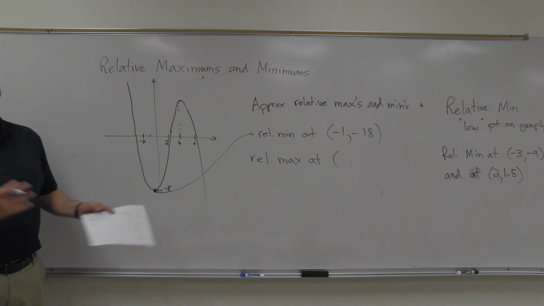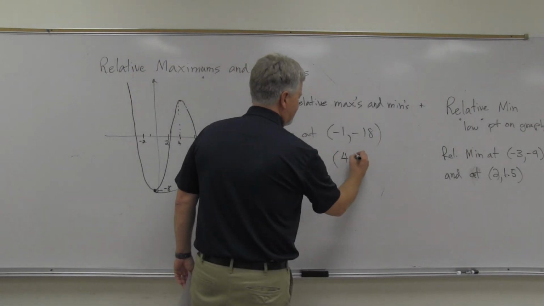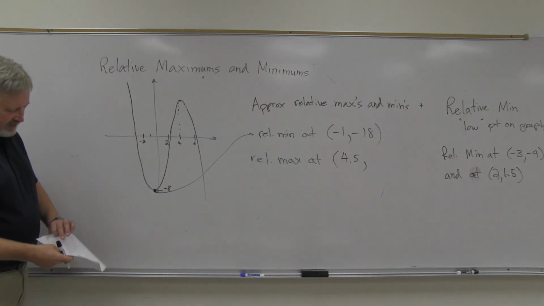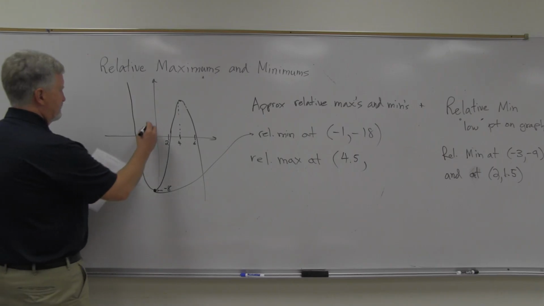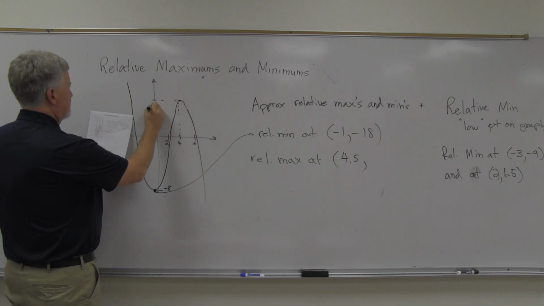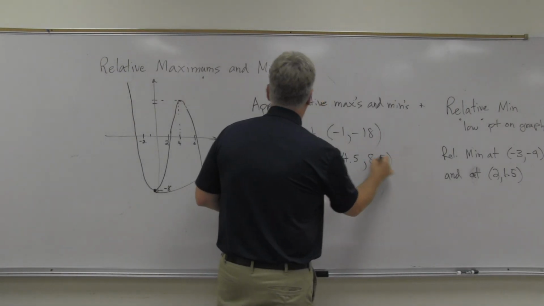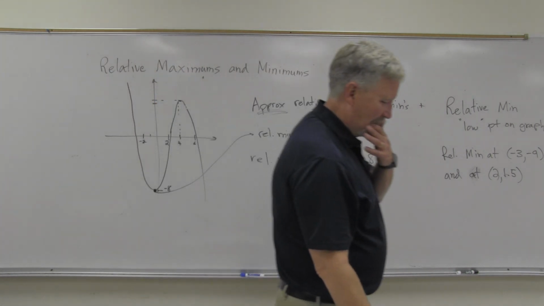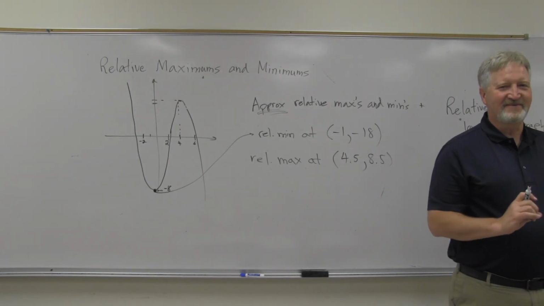So that was my point of doing this one: if you're close on these, since we don't have other ways of doing this, we're just eyeballing it in. So 4.5, and then the y value for that point. I don't think it's quite 9, is it? To me, it looks like it's right above the 8, but not quite 9. So let's call it 8.5. That's what I'm going to call it. But they're approximations. Okay, so if you're in that closeness there, we should be fine. Sometimes we like the preciseness, but these are approximations, okay?